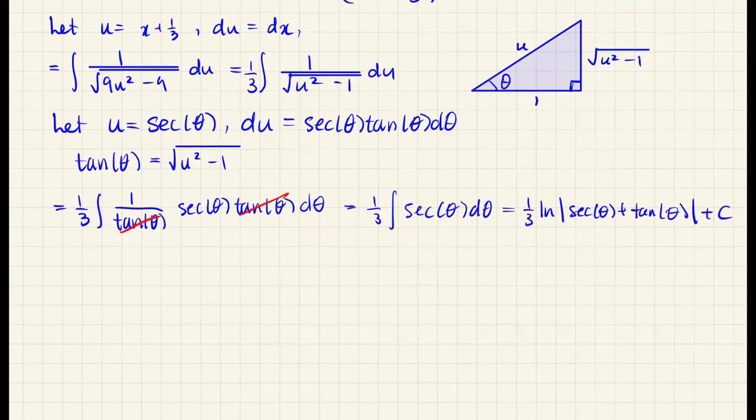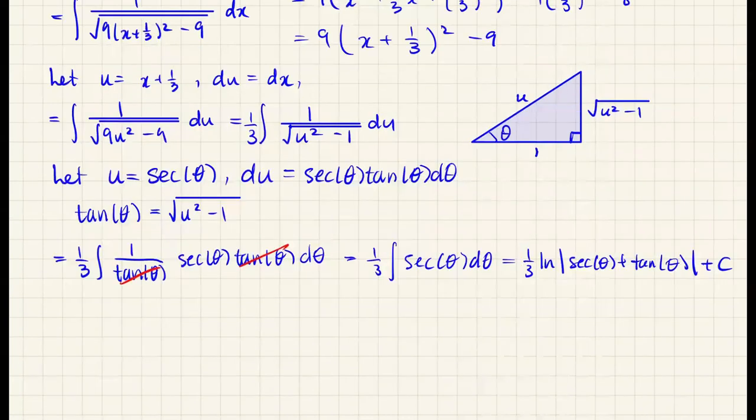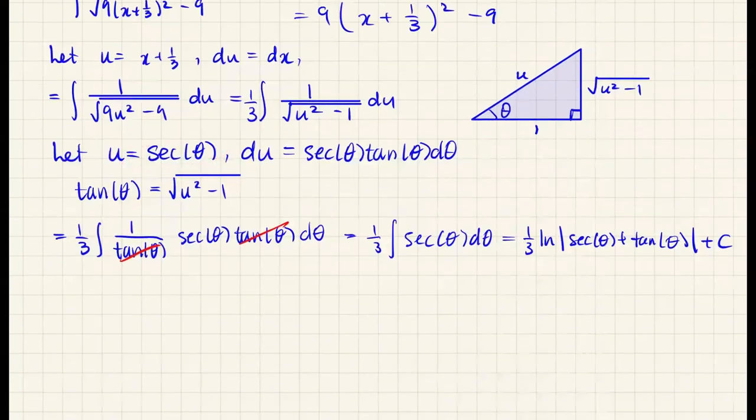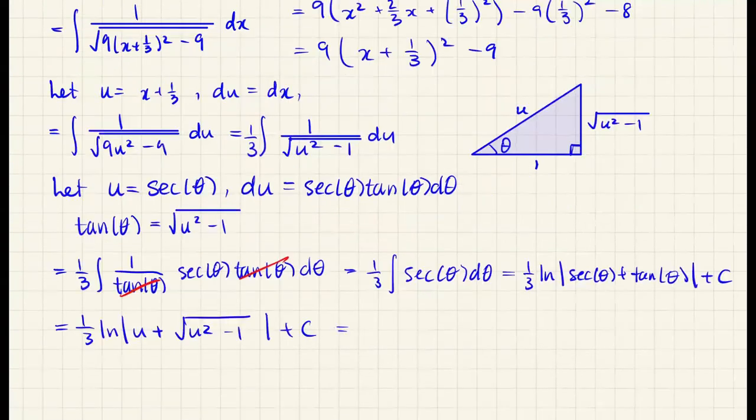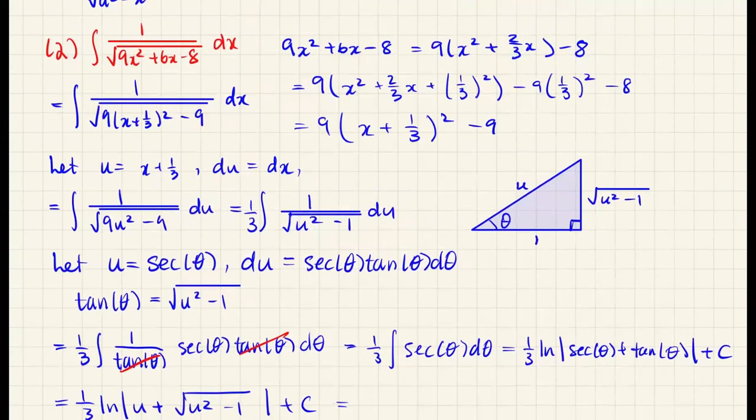But let's go ahead and find the expressions. Secant theta was equal to u, so we have 1/3 times the ln of u. Then tan theta has to be the square root of u squared minus 1, plus c. But u, we said, was x plus 1/3.